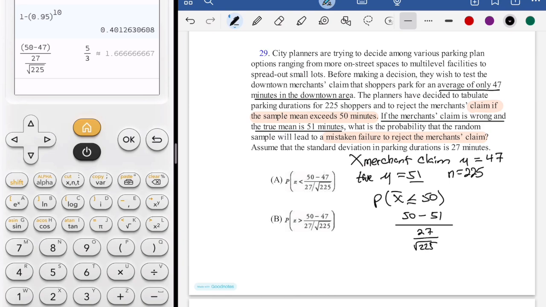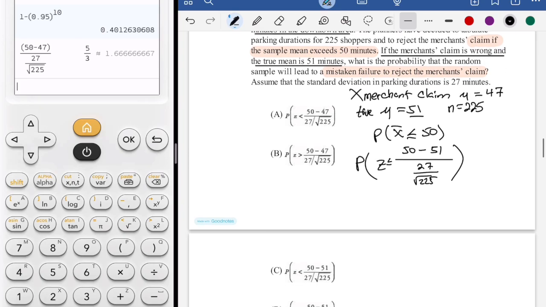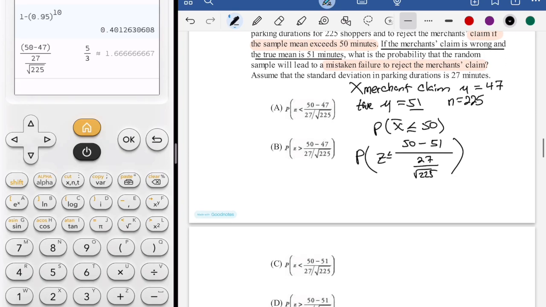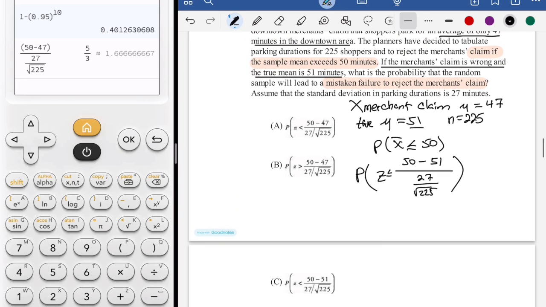So I'm looking for the instance where z is less than or equal to that, and that would be our probability. I don't see one with a less than or equal to symbol, but because this is a continuous distribution, we don't actually distinguish between the boundaries. So this is really the same as choice C, I think. Yeah.